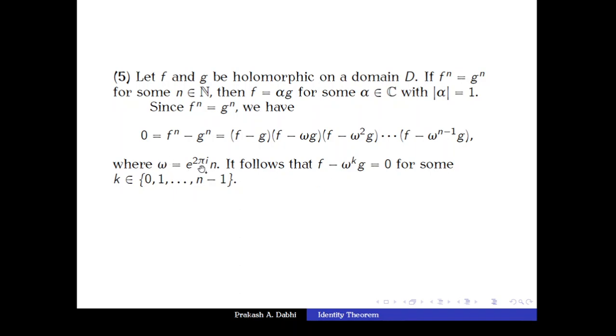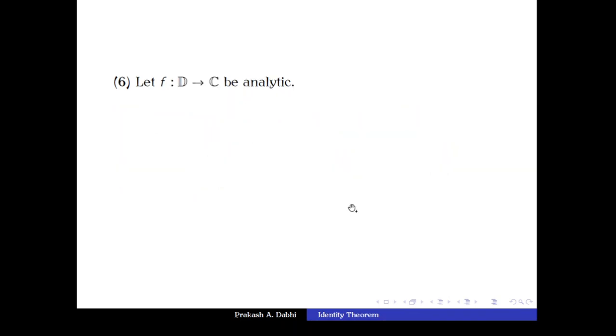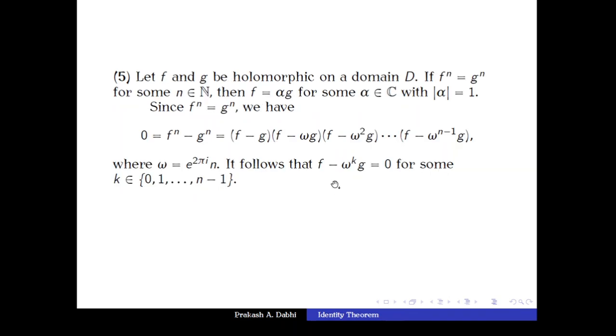Because omega has modulus 1, omega power k has modulus 1, and thus we have shown that f equals omega power k times g, and omega power k has modulus 1. So the alpha which we are requiring is omega power k.